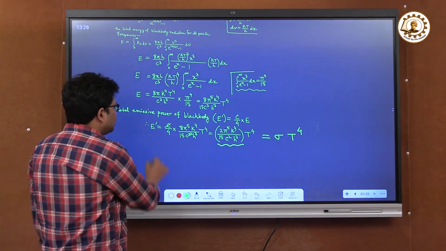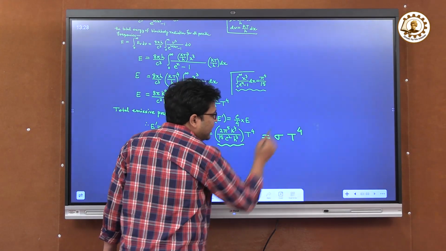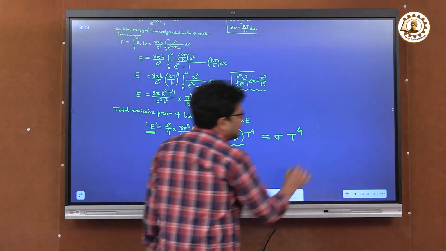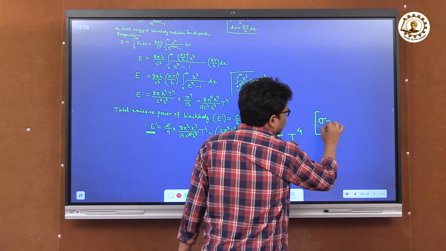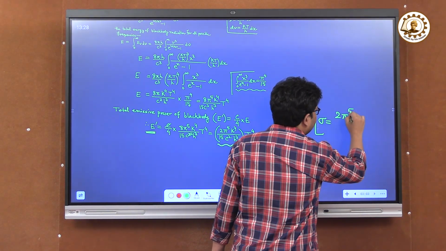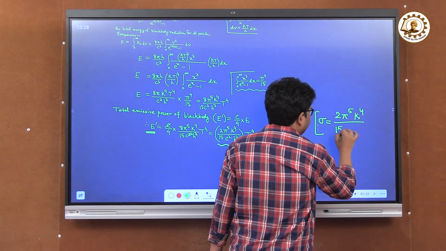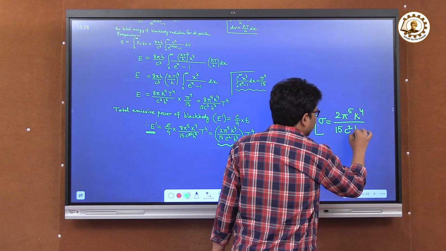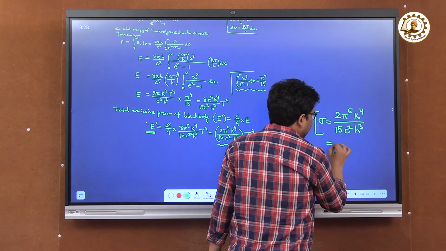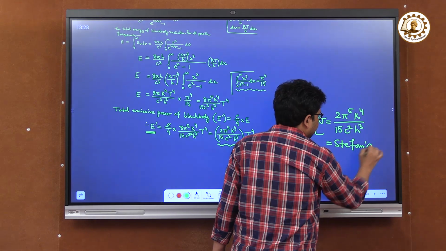Therefore the total emissive power E prime equals sigma T to the power 4, where sigma is 2 pi to the power 5 k to the power 4 divided by 15 c square h cube. It is nothing but Stefan's constant.